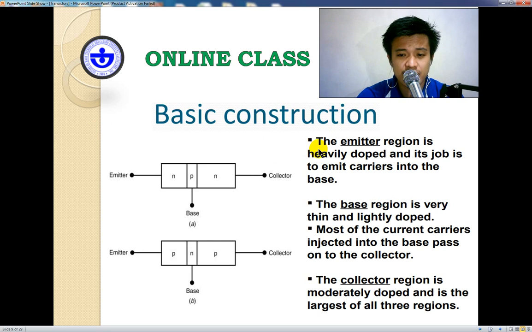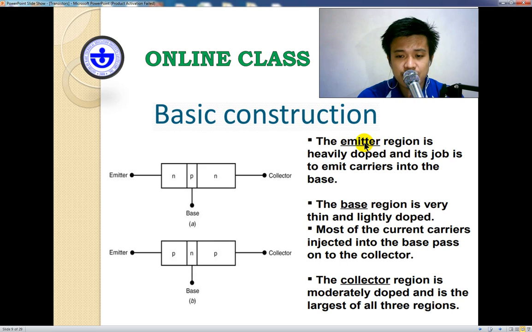Next, as I mentioned, there are three doped regions. The emitter region is heavily doped, and its job is to emit carriers into the base. The base region is very thin, small based on this illustration, and lightly doped. So most of the current carriers ejected by the emitter pass through to the collector.